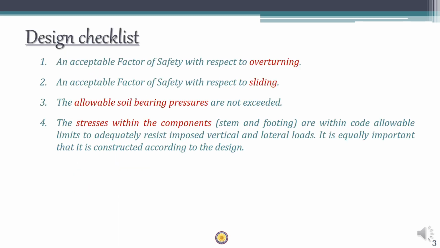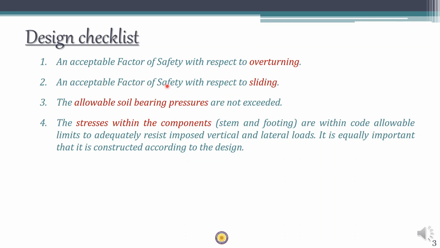Design checklist. While designing a cantilever retaining wall, we have to ensure that the chosen dimension satisfies the stability requirements, and that the stresses within the different components are within the allowable permissible limits. The first thing is that the proportioning should be done such that there is an adequate factor of safety against overturning as well as against sliding.